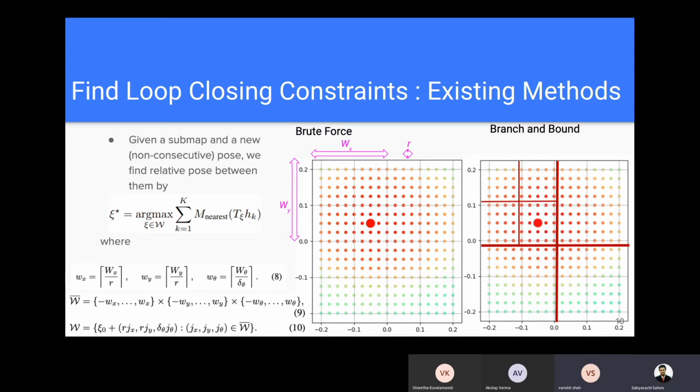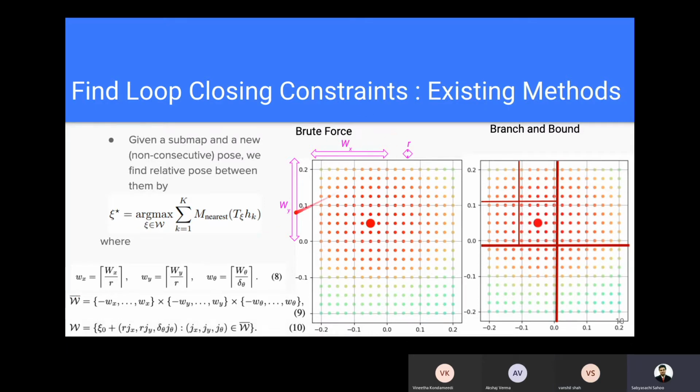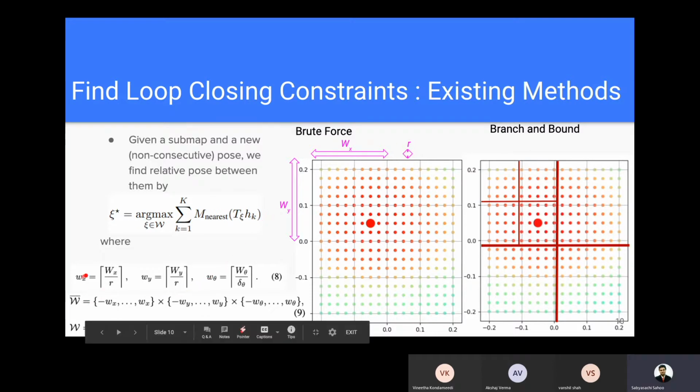Okay, I'll maybe try to give another example if someone may have any question. So let Wx be equal to 2 meters and Wy be equal to 2 meters, and R is equal to, let's say, 0.2 meters or 20 centimeters. What this gives us is Wx, Wy, W theta.